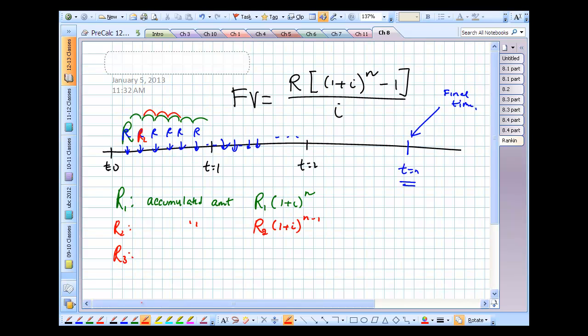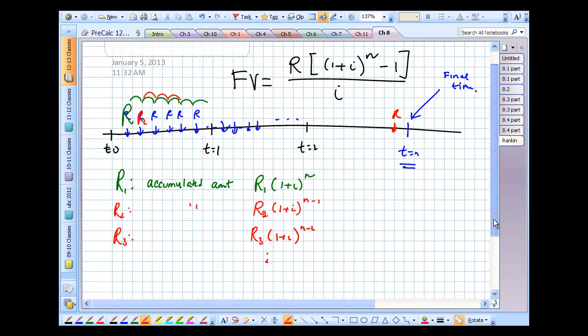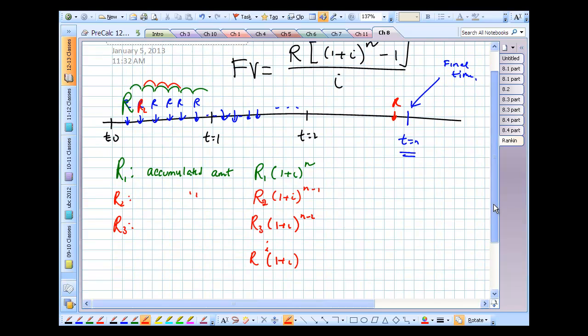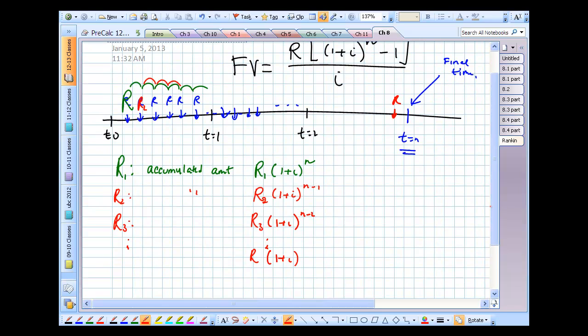And the third one will be R3, 1 plus i, and it'd be n minus 2, and so on and so forth until the last payments. Here's your R, the second to the last one, 1 plus i with just one payment, and then the last one, right at that moment in time, there's no interest earned on that.